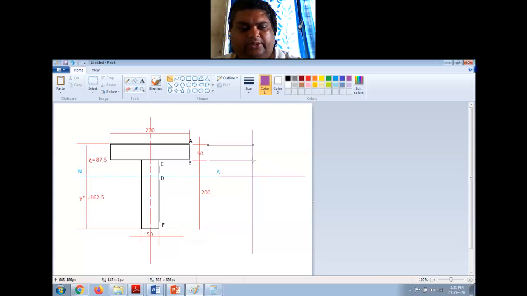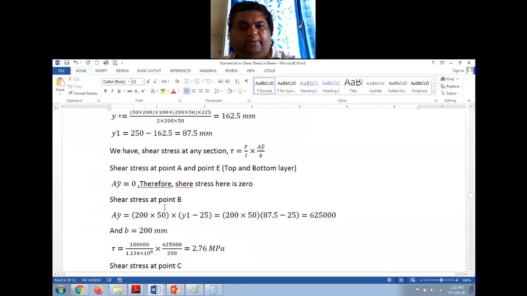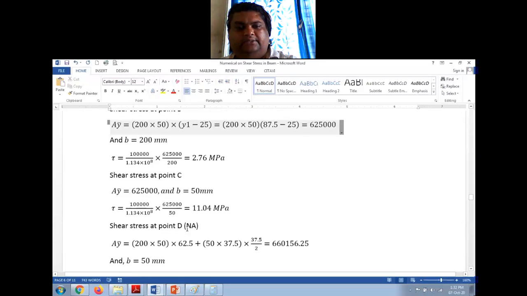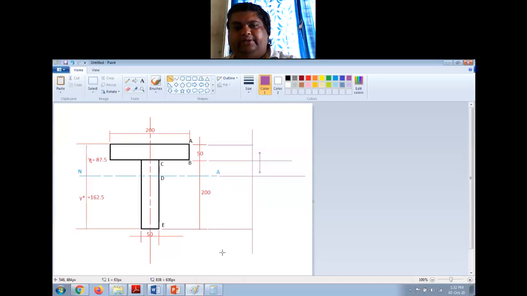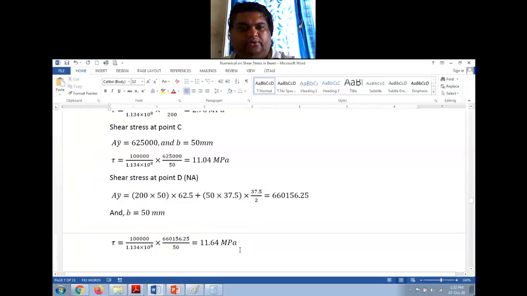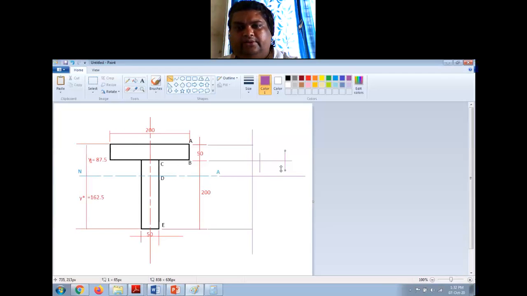So let us say this is 2.76. Okay, because at that point you will have two shear stresses, and at C it has suddenly increased to 11.04.